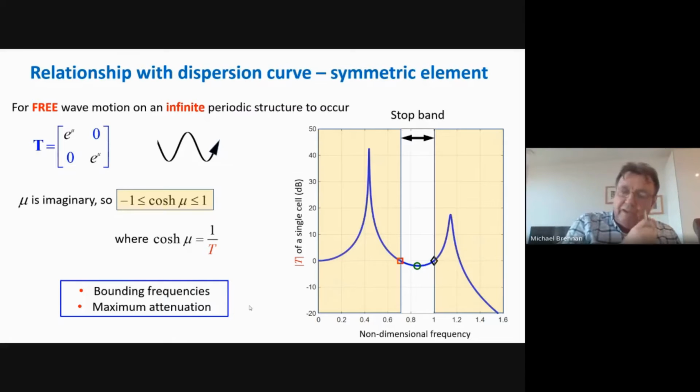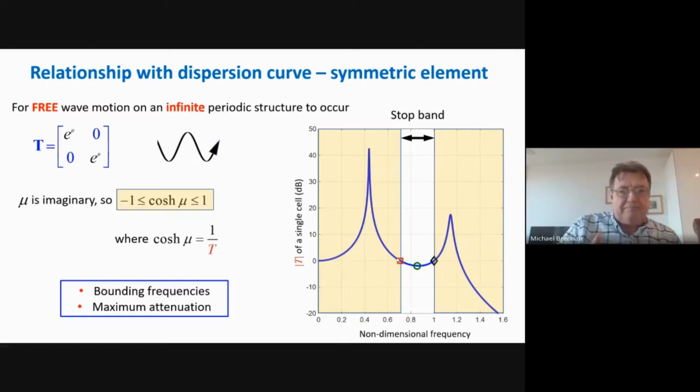So if we look at the figure on the right, what we plotted here is the transmissibility of a single cell, and it's a very simple single cell. But you can see that there are 3 regions. There are 2 shaded regions in yellow, and in those regions the transmissibility is greater than 1.